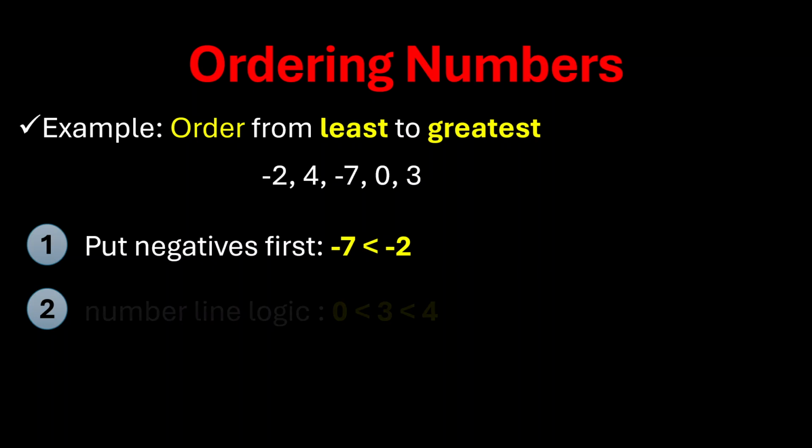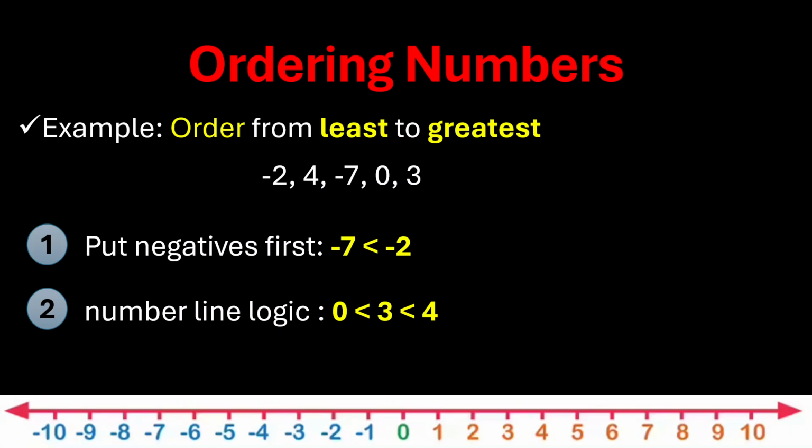The second step is use number line logic. So 0 is less than or smaller than 3 and 3 smaller than 4. So if we use the number line, minus 7 here is smaller than minus 2 and smaller than 0, and 0 smaller than 3, and 3 is smaller than 4.